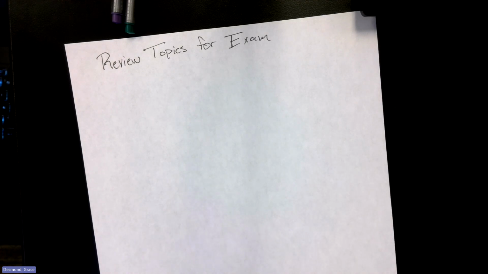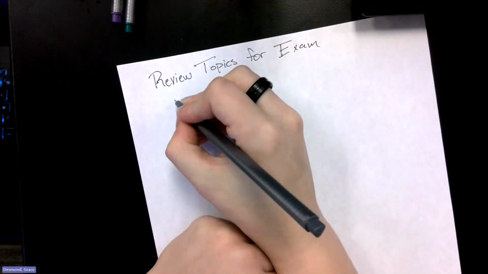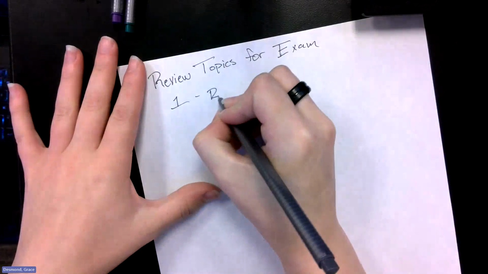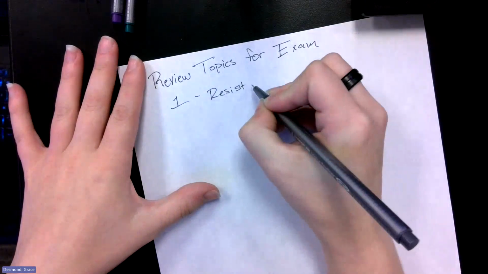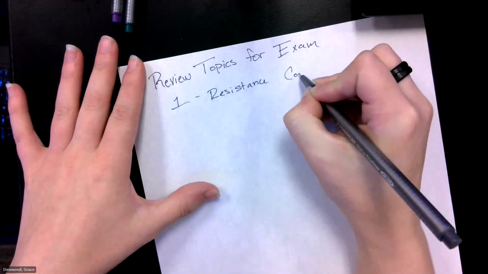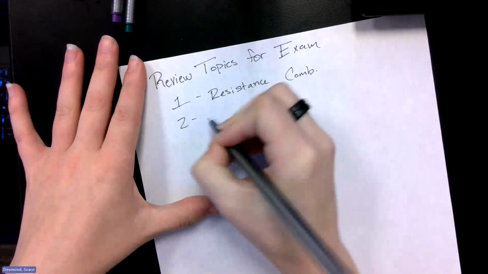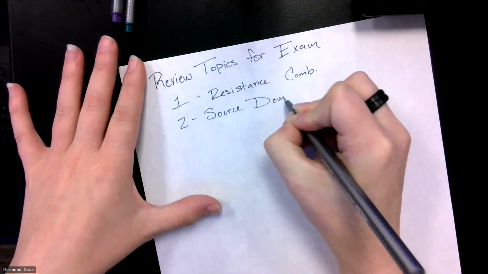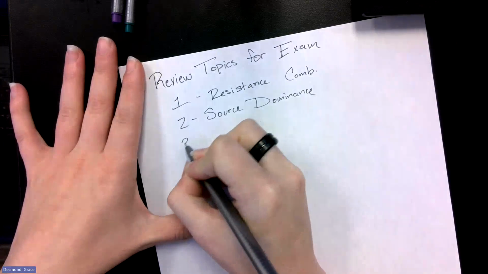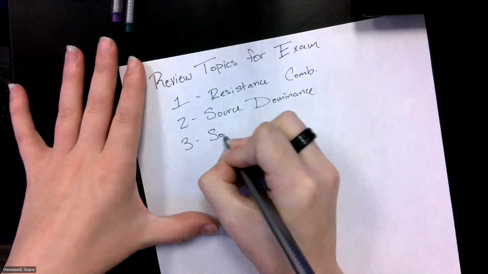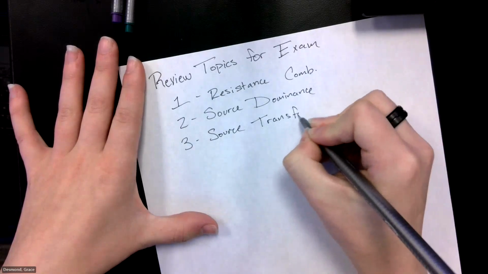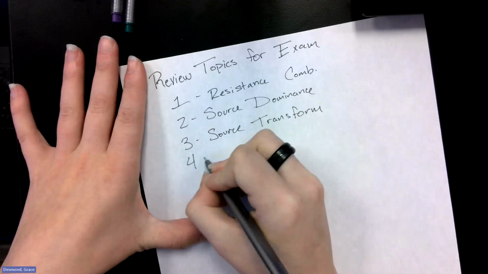That leaves pretty much 4 things that you've covered, and these are pretty much what's going to be on the exam: resistance combinations, source dominance, source transformation, and MAME.